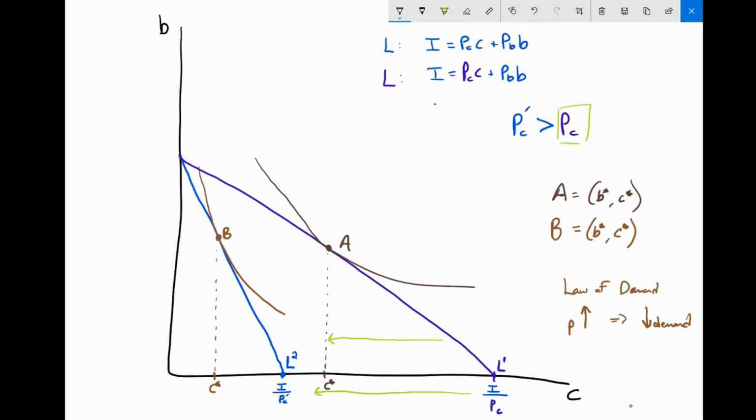What I'm going to claim here is that there are in fact two component factors in the effect of price on demand. An increase in price affects demand in two ways. So let's go through that.